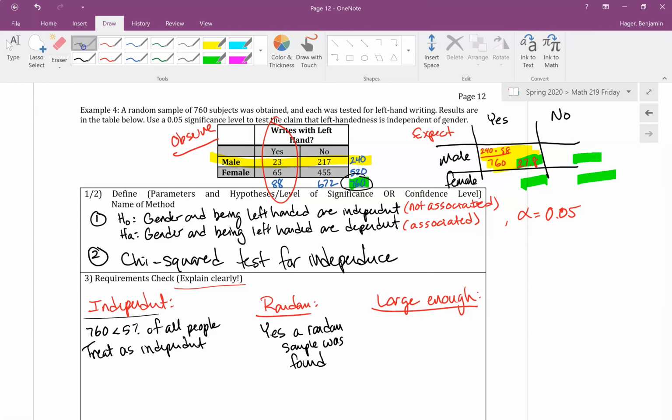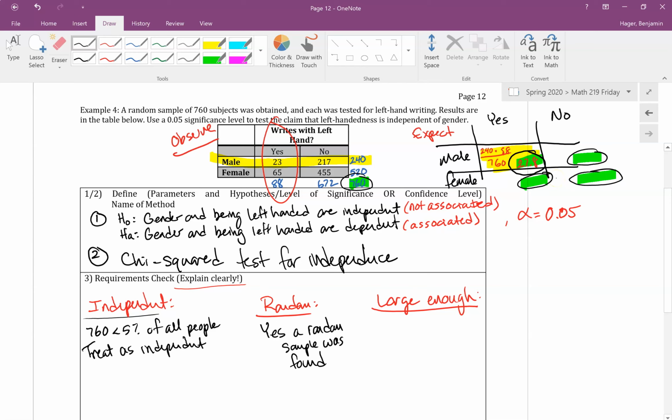And again, large enough, what we mean is we need the expected values to all be greater than 5. Here we found one of the expected values, 27.8. I would have to calculate the other expected values, and hopefully they're all bigger than 5.